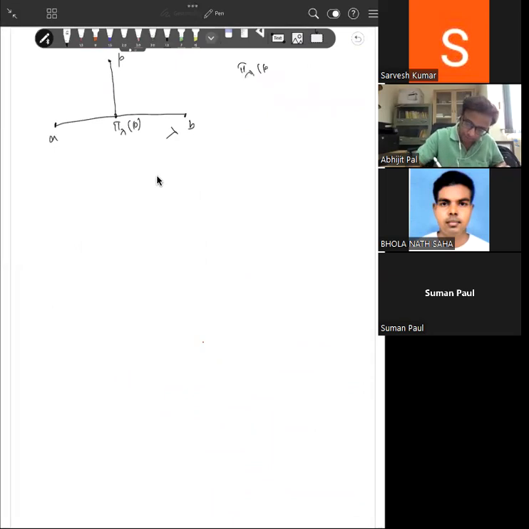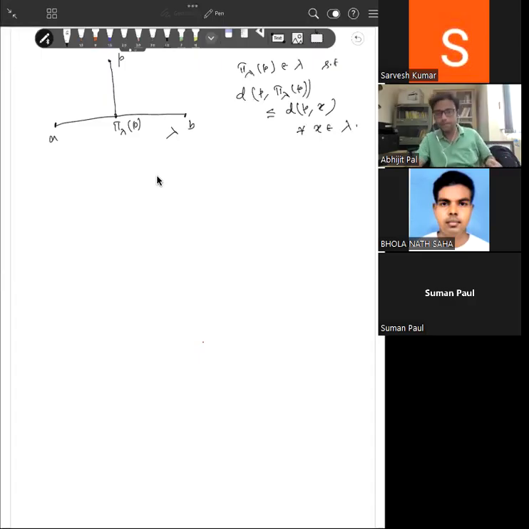It is a point on lambda such that the distance of P to pi lambda of P is less than or equal to the distance of P to X, for all X belonging to lambda. Is it clear? This is the definition of the nearest point projection. In R2 it is just the orthogonal projection.